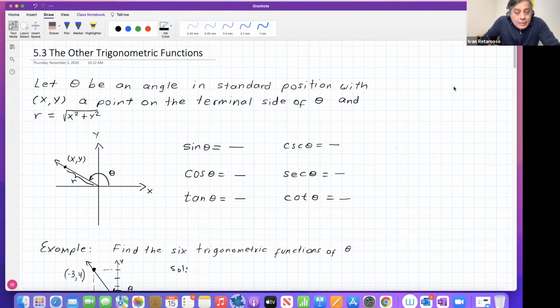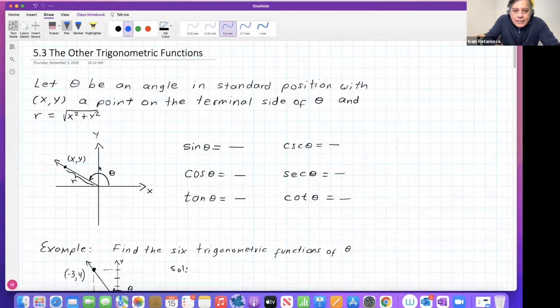Of any size. So mathematicians, in order to achieve this, set the angles on the XY coordinate system in standard position. Suppose you have an angle beta with any measure, not necessarily an acute angle, with a point (x, y) on the terminal side of theta.